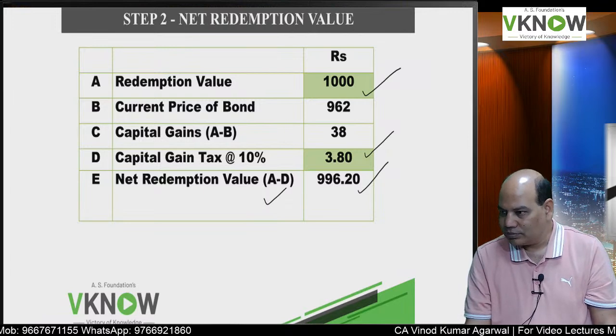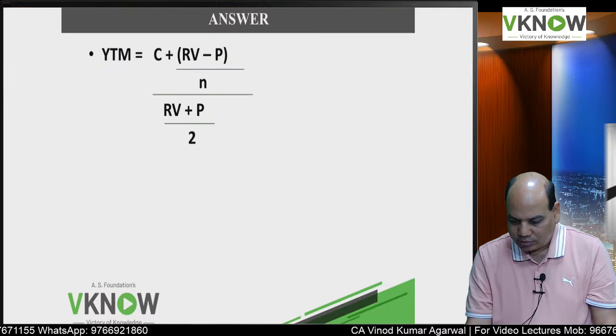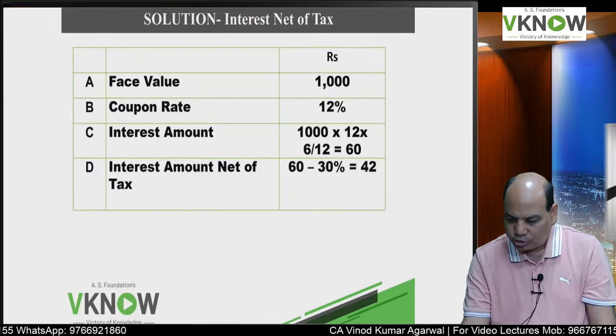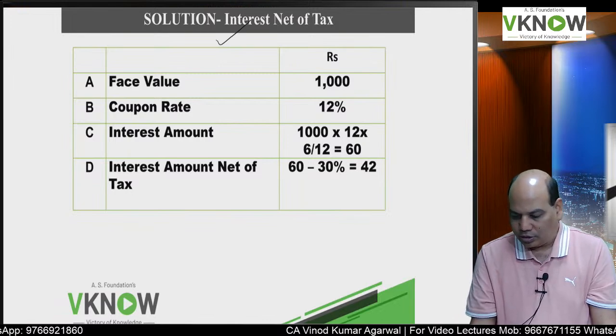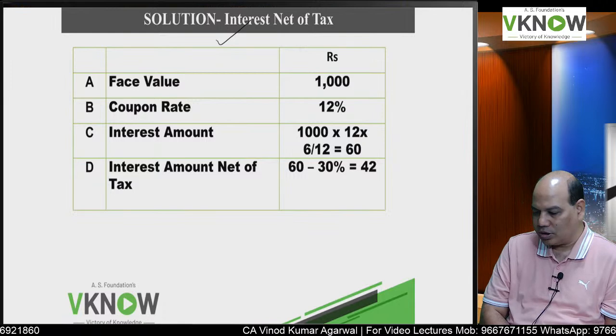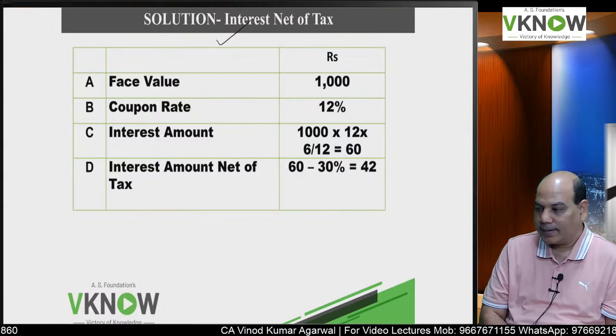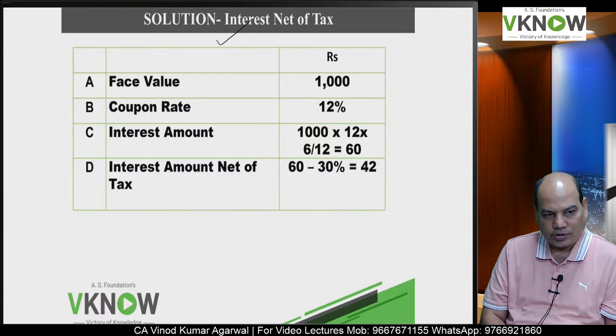I can solve. So write down, directly write down, or just make one more working note 3. Step 3. Interest net of tax. If you have understood, then this is not required, but write down interest net of tax. Right hand side rupees. This is easy. You can skip this working note if you want.